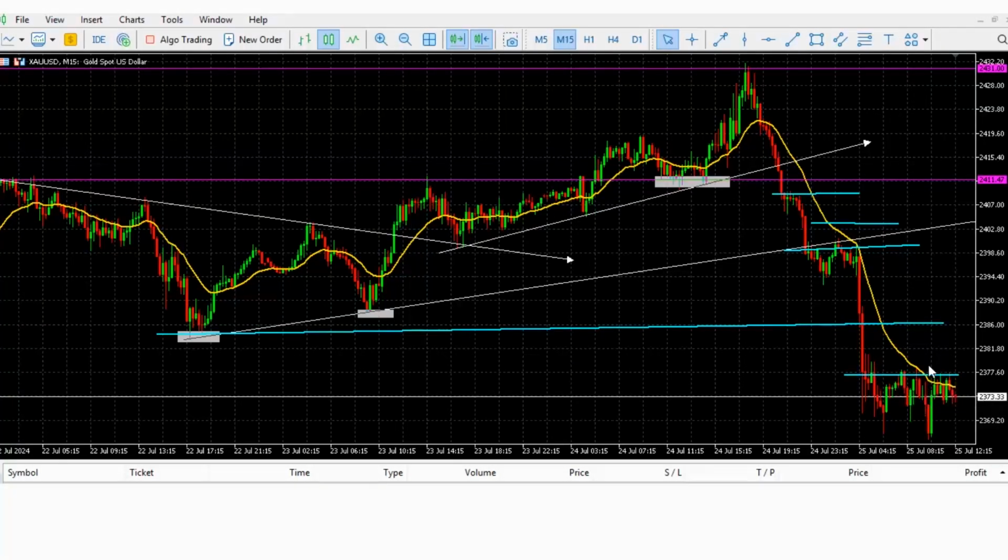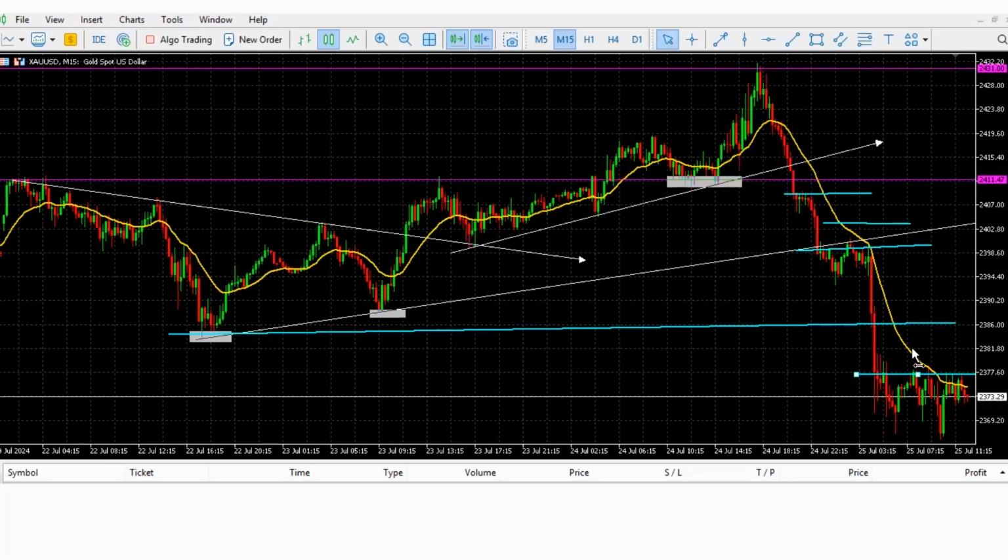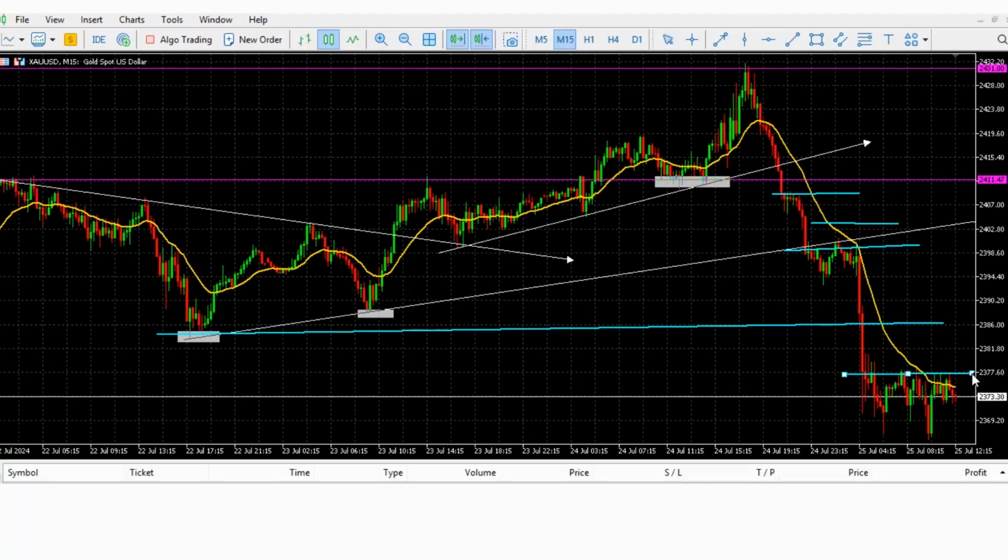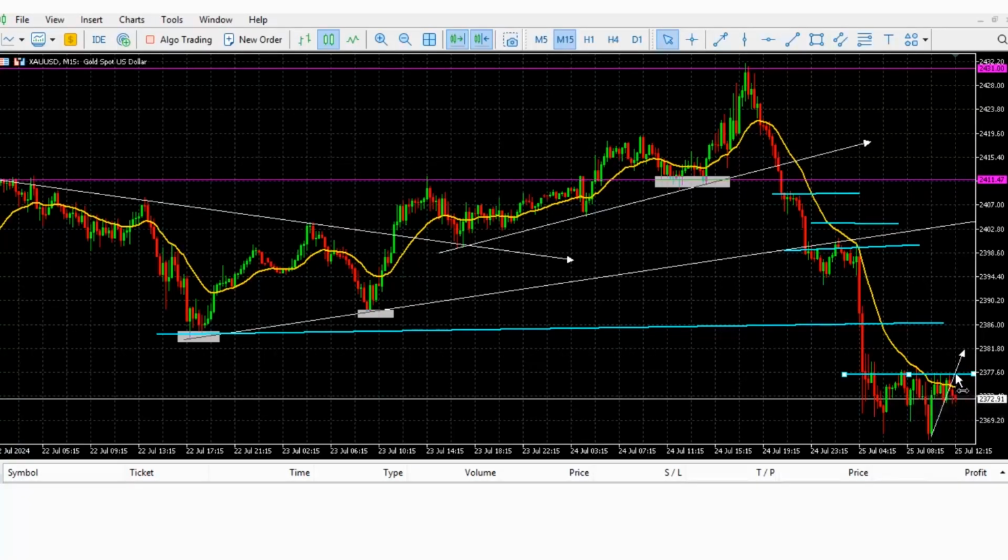This is the level where sellers are expected to take their sell trade until this level is broken. If price eventually breaks above this level, then we cannot take a buy trade from here.